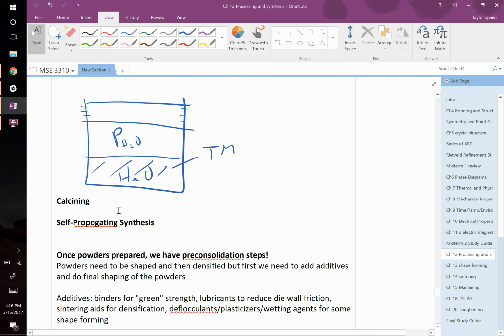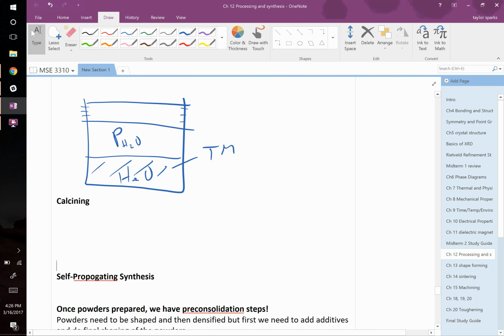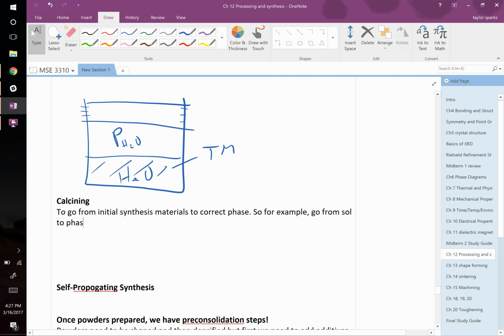Right? There's calcining. The thing to remember about calcining is that it goes from initial synthesis materials to the correct phase, right? So for example, go from sol to the phase of interest by combusting it, right?